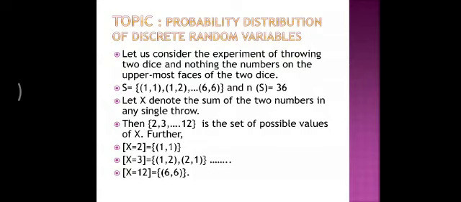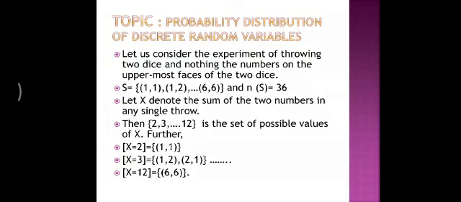First, let us consider the experiment of throwing two dice and noting the numbers on the uppermost faces of the two dice. Means if we perform one experiment of throwing two dice at a time, then we consider the numbers on the uppermost faces of the two dice.